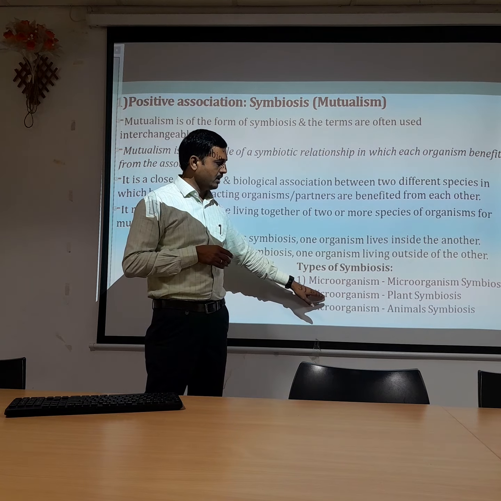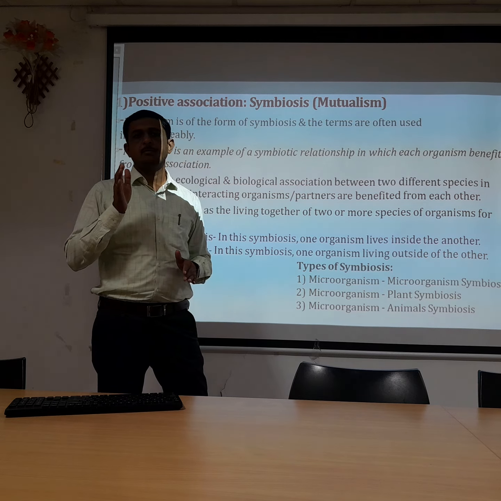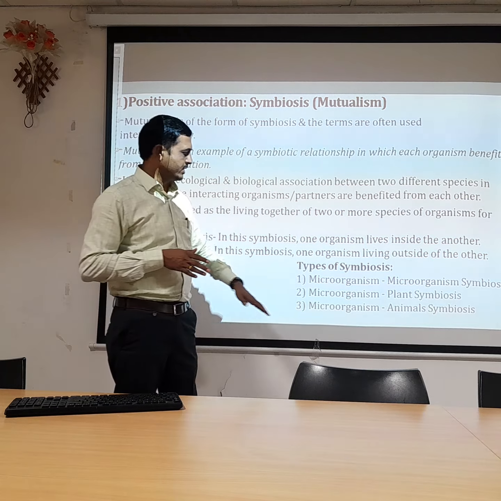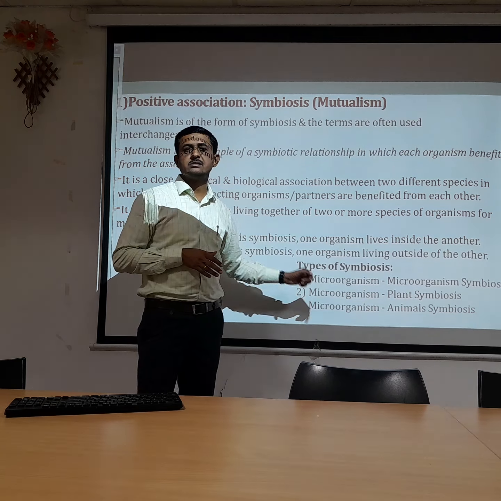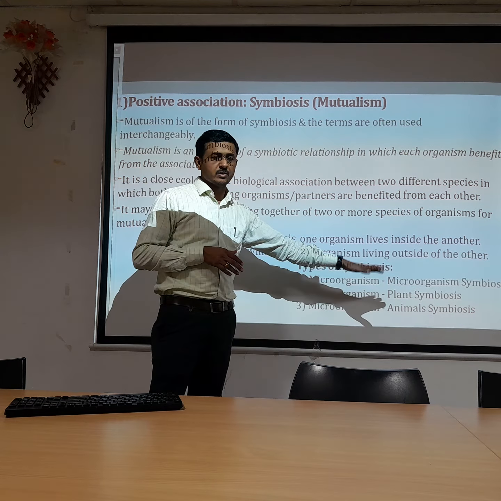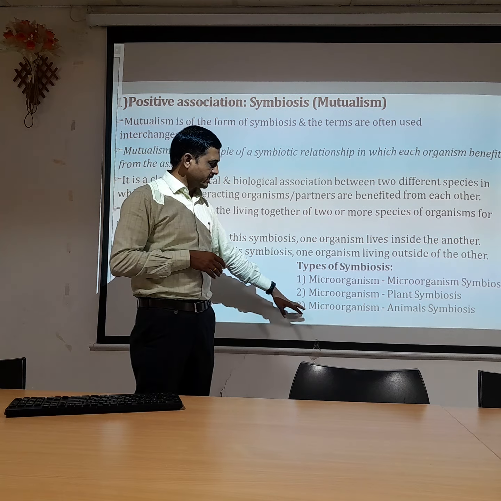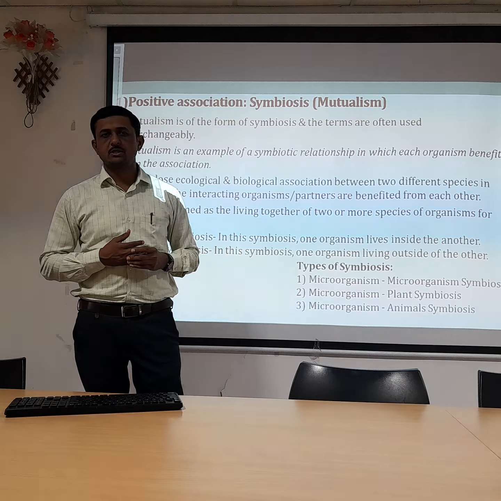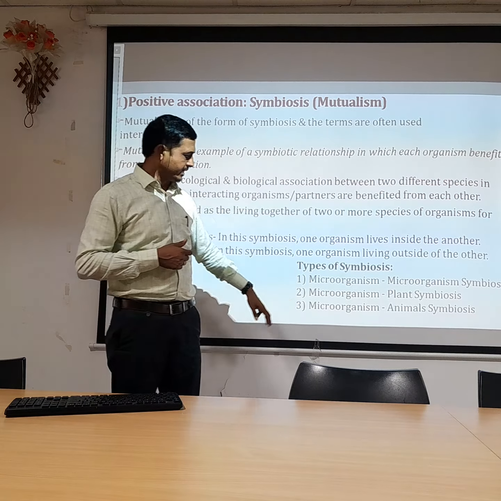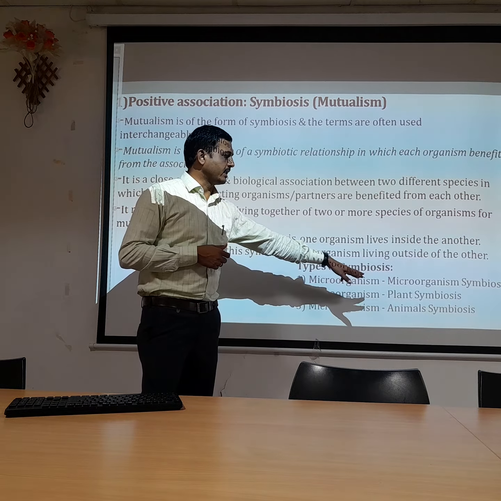Another is microorganism and plant symbiosis, where one partner is a microorganism and the other is a plant species. The third is microorganism and animal symbiosis, where one partner is a microorganism and the other is an animal.